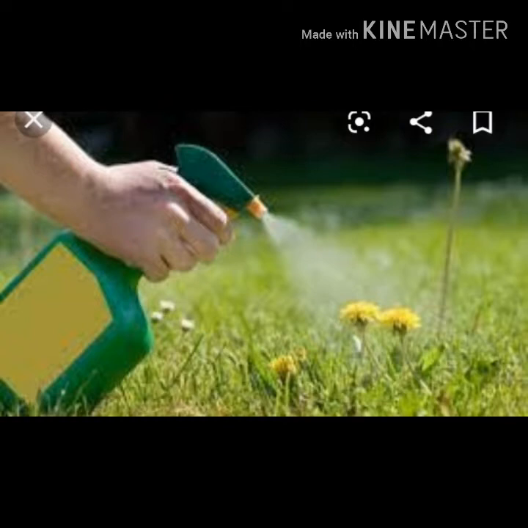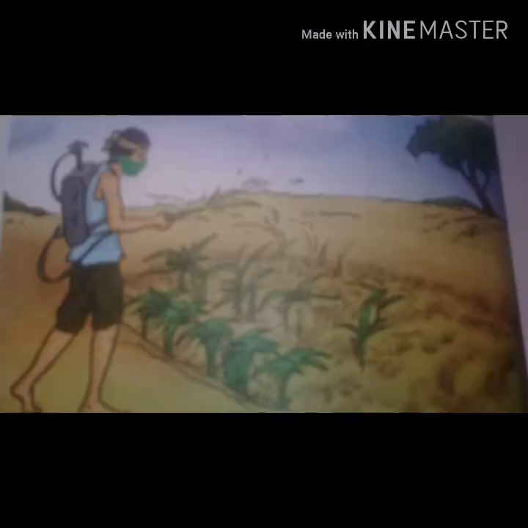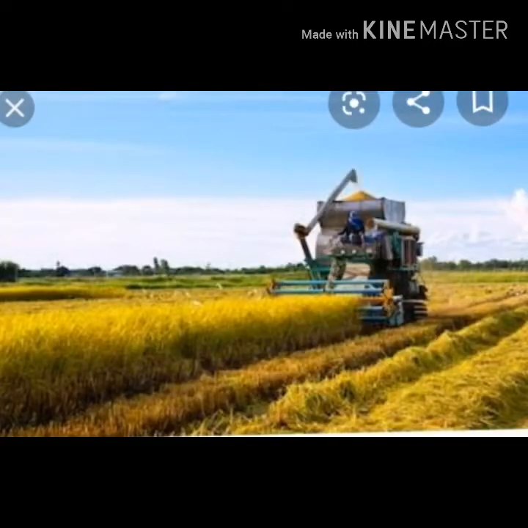This is done with the help of a khurpi. A seed drill is also used to uproot weeds. Weeds are also controlled by using certain chemicals called weedicides. These are sprayed in the field to kill the weeds. They do not damage the crop.